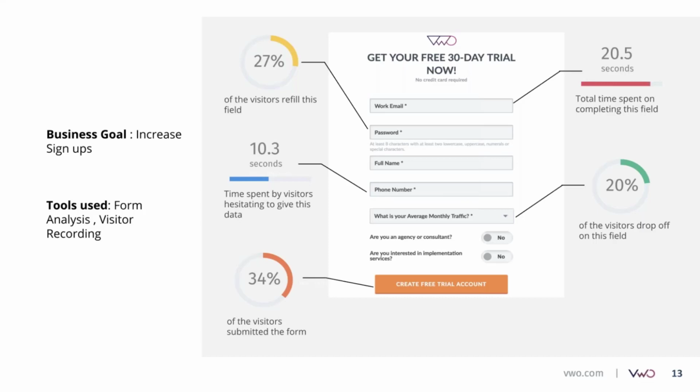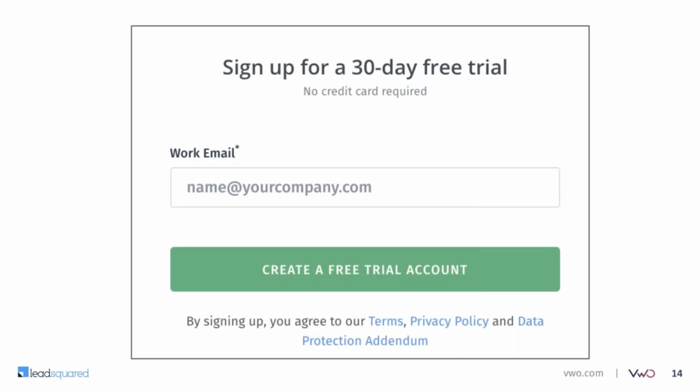After doing all of the analysis, we actually removed most of the fields from our form. We did a deep analysis and we thought we just need a work email ID. All other information might not be helping us get more leads from our customers or prospects.